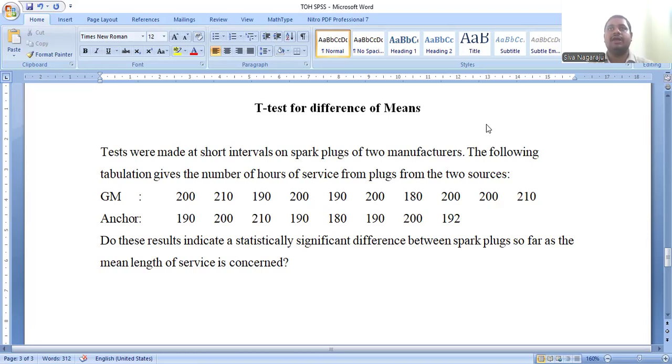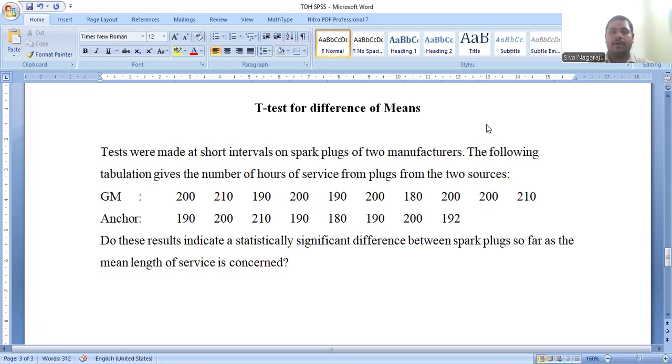Everybody knows plugs are used to get a power supply, and which brand of plug is more reliable than the other, and how long they can give good service to us. Generally, any electronic device can work for a certain period, even though the very next day it can be spoiled, because it depends on your power fluctuations.